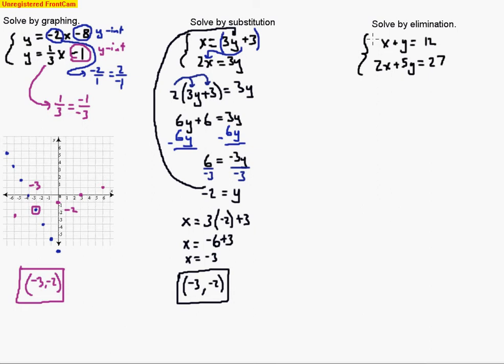It's best to modify this top equation, and we can multiply it by either a -5 to cancel out the y's or a -2 to cancel out the x's. I'm going to go with a -2 because it's a smaller number, and I'll get smaller numbers after I multiply, rather than multiplying by a -5 in which the numbers will be larger.